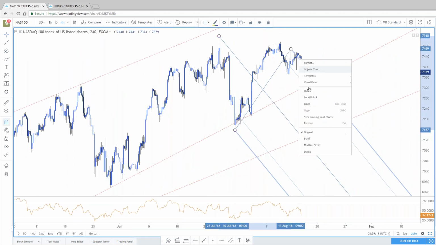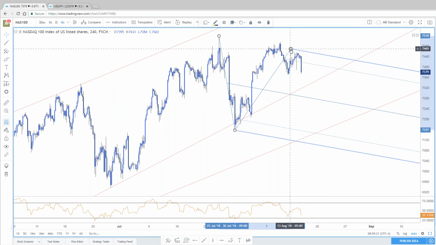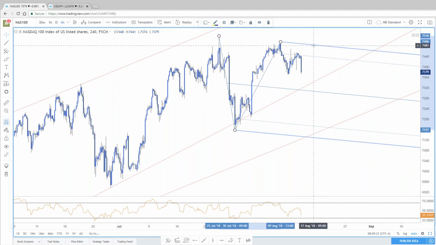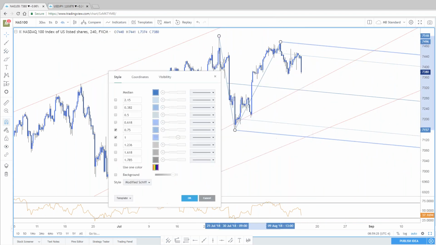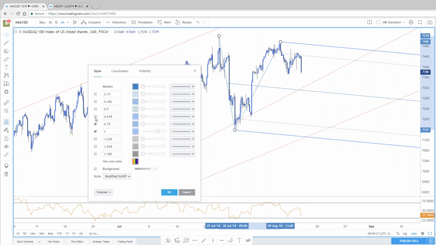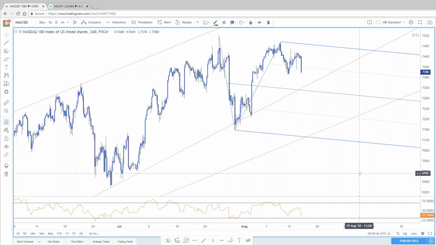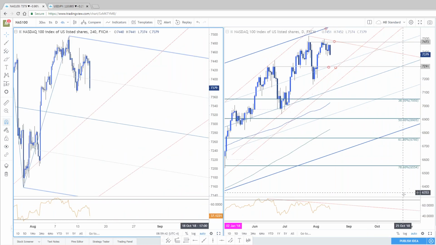It's definitely not as clean. 38.2 is going to catch that. Yeah, we're grasping at straws here. I don't think the near-term picture is as clean, but let's take a look at what the daily looks like.